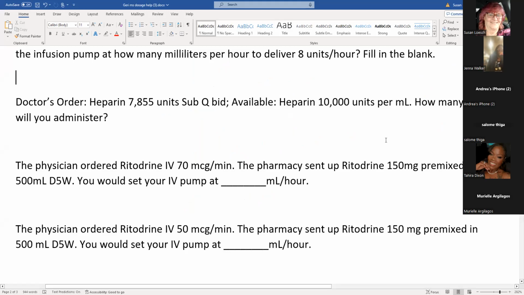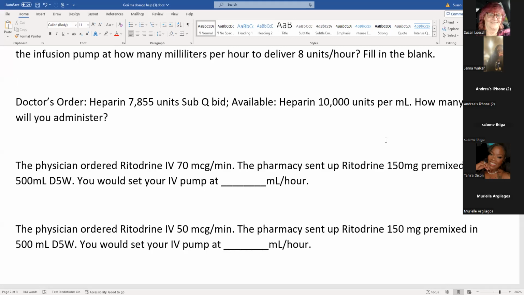Let's just say it was written in the book, administer heparin, 7,855 units sub Q BID. How much would you give when you draw it up? You're not going to give 1,400, right?